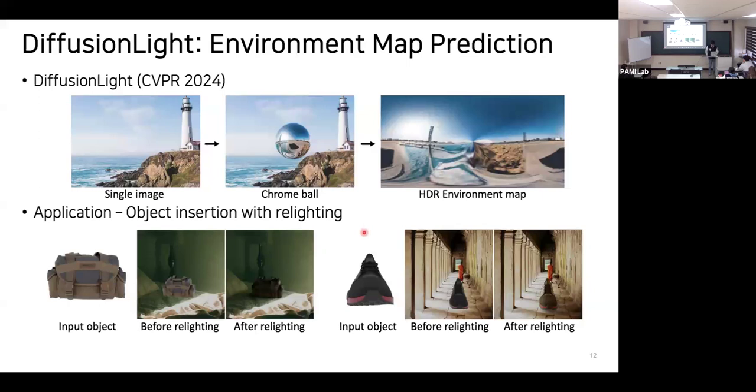Relighting is a process where we render the object using the lighting condition of the scene. As you can see here, we can make a more natural image using this relighting process. And we can do relighting even if we only know the HDR environment of the scene.